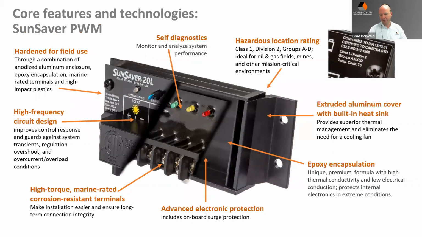And here's the example of the potting I talked about in our Sunsaver product. We seal the entire circuit inside of a somewhat flexible but still completely sealed resin that's inside the case, and then make sure that small components are not exposed to salt, air, humidity, extreme heat, and that's done a great job in making sure that the product can really achieve the longevity that we're going for.